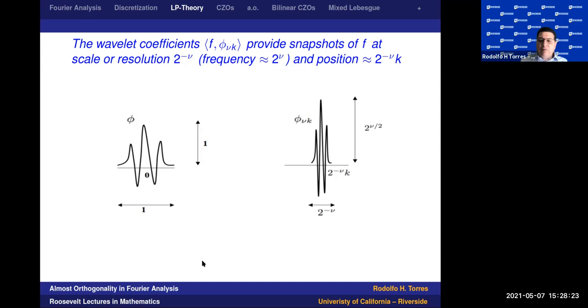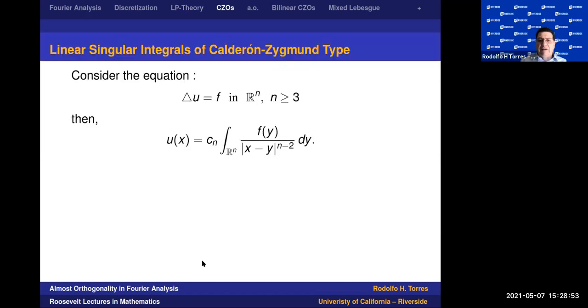As ν is bigger, positive let's say, you compress the size of where the function lives, but you stretch in this direction so that you preserve the energy, you preserve the L2 norm of the function. And then you move these at a position 2 to the minus ν k. So you take one of these wave packets and you just move it to different positions and see how well it correlates with the function. And that is used to characterize the function.